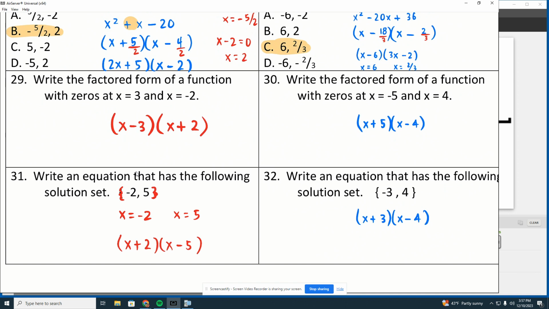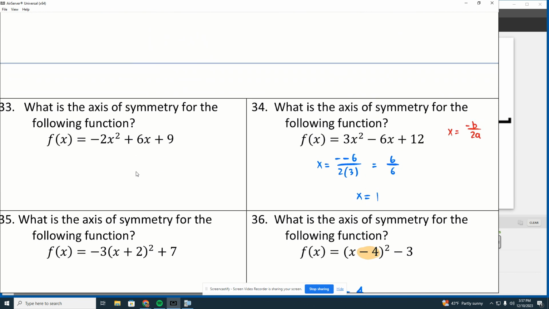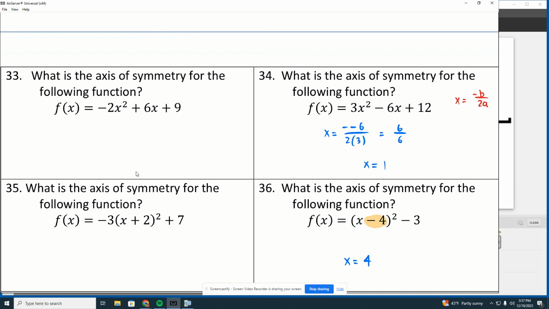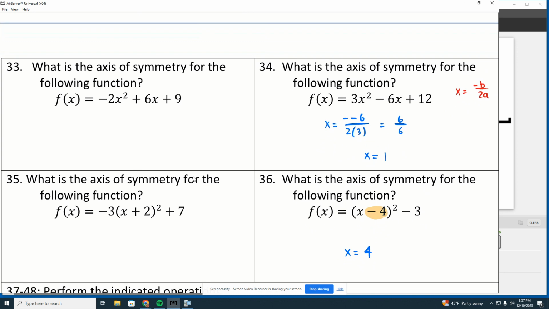It's really easy. All right, moving along, as you can see, 34 is already done. It's done the same way as 33, where it asked me to give the axis of symmetry when it's in standard form. Well, if you don't recall, the equation to do that was x equals negative b over 2a. Remember, it gives you the x value of your vertex, which is actually your axis of symmetry.